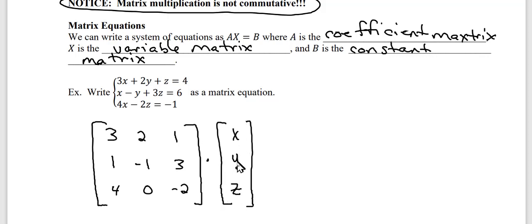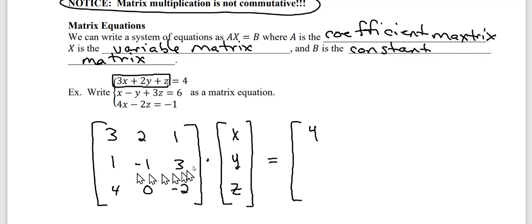So you get 3x plus 2y plus z. Notice that is exactly what we have here. We're going to say that has to equal 4. If you multiply the next row by that column, you get x minus y plus 3z. That is exactly what you have here. That has to equal 6. And then the last one has to equal negative 1.